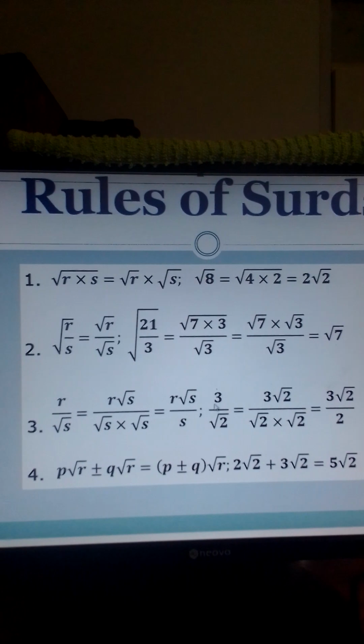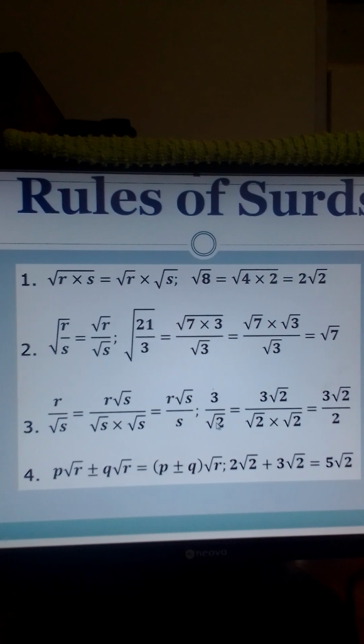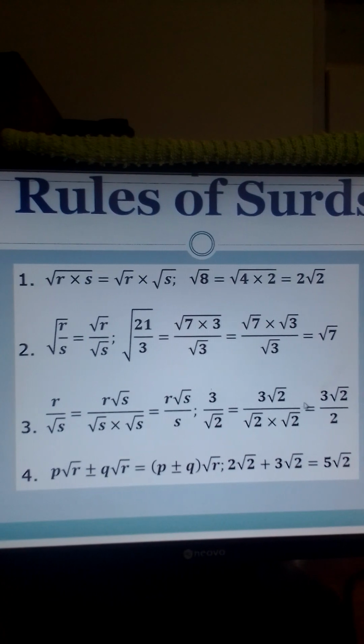For example, 3 divided by root 2: we multiply the numerator and the denominator by root 2. So we get 3 root 2 divided by root 2 times root 2, which is 3 root 2 divided by root 2 squared, which is 2.